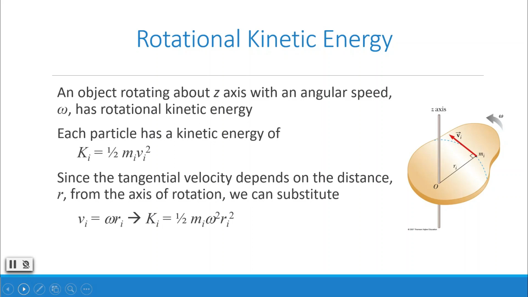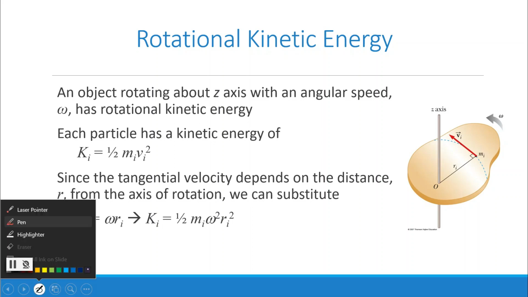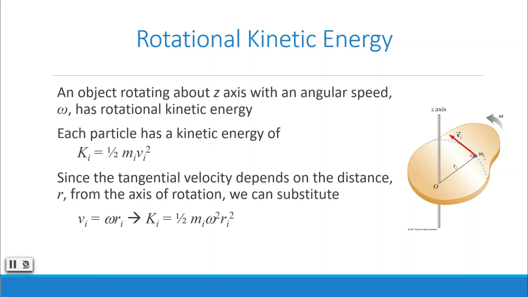So rotational kinetic energy you can kind of derive from linear kinetic energy, because if you treat each individual particle as having a mass and a linear velocity, that tangential velocity, then each particle has some sort of kinetic energy. And depending on which particle you're looking at, you're going to have a different radius for each. So particles that are further out are going to have a different radius.